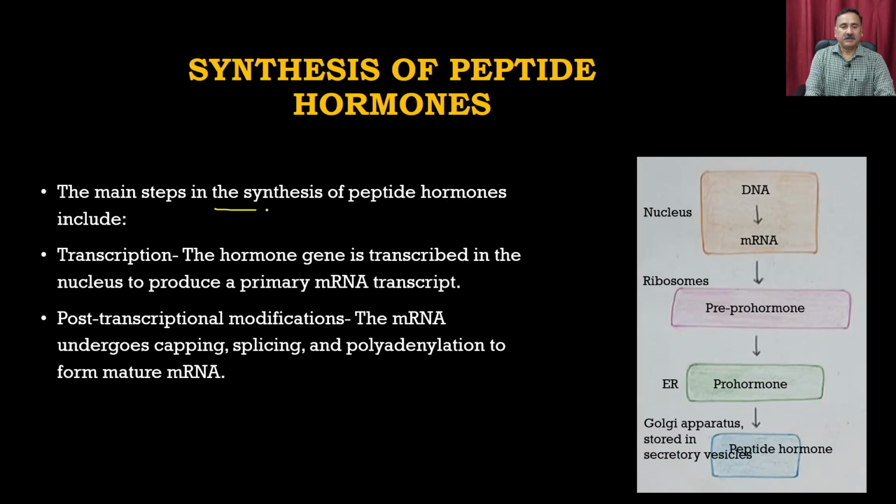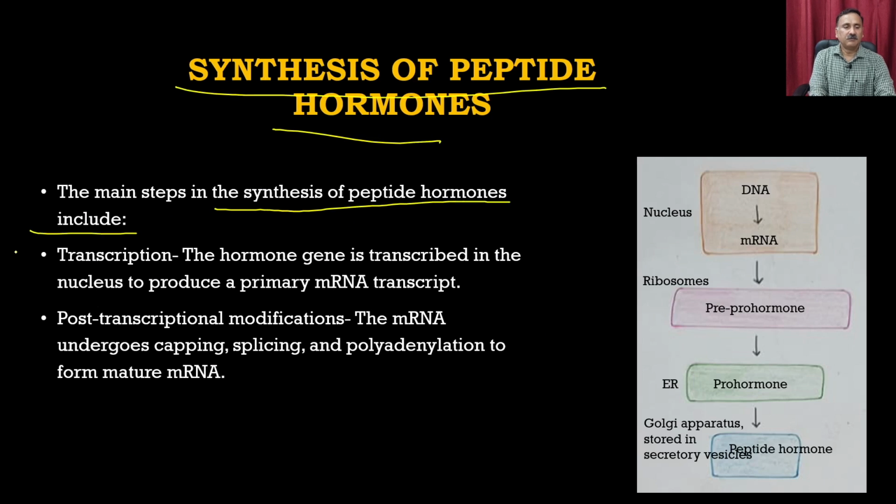So how does the synthesis of the peptide hormone work, right? The main steps in the synthesis of peptide hormone include first transcription, and second post-transcriptional modification. In the first step, the DNA is used to form the messenger RNA, that is called transcription, right?